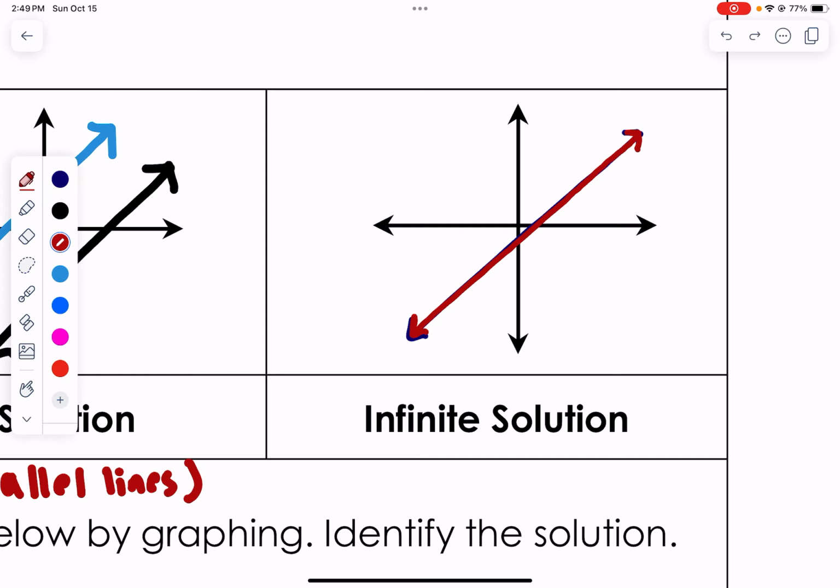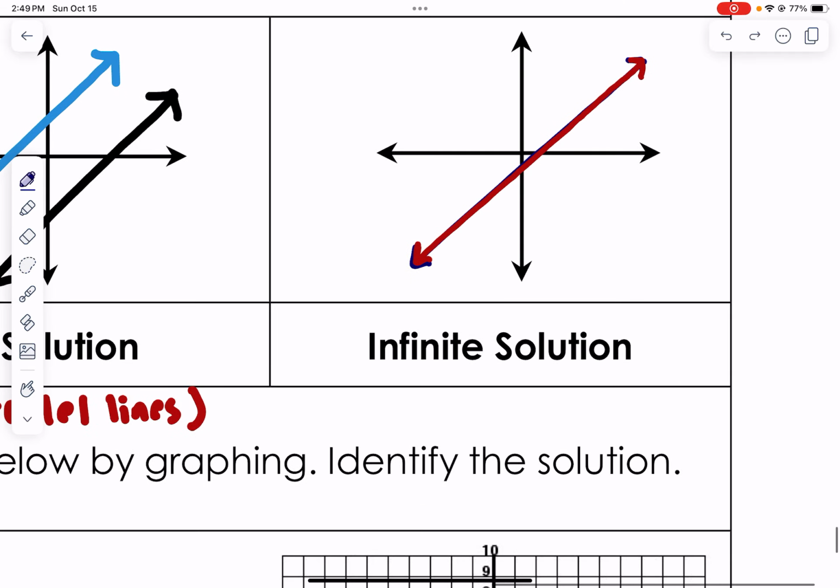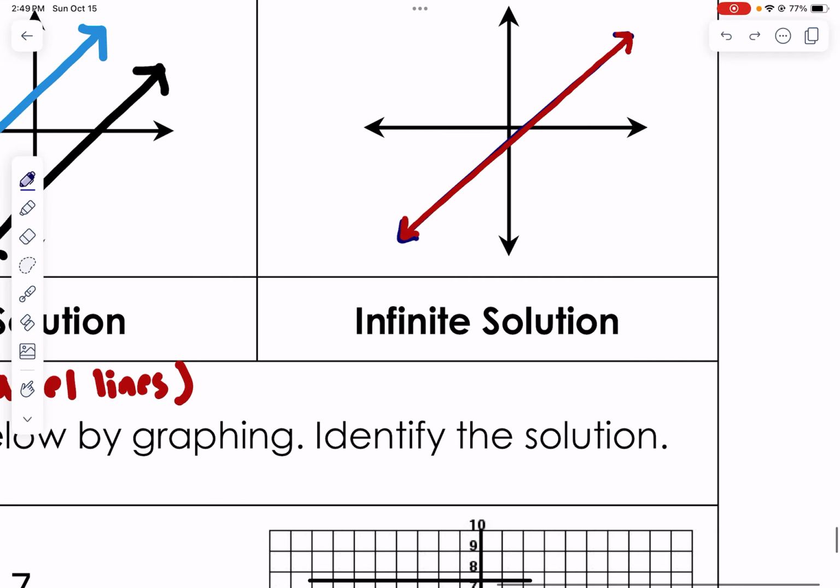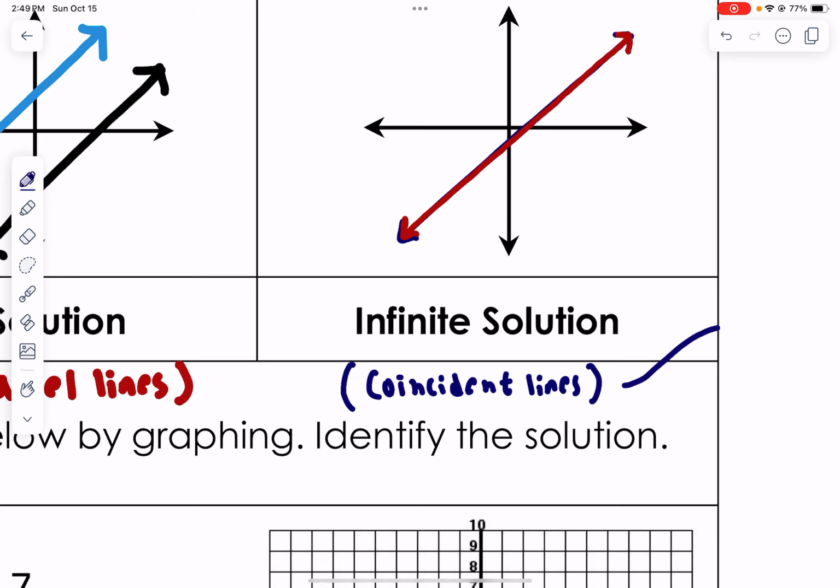One important thing that I really want you to write down here is whenever you have an infinite solution case, that's whenever we're dealing with what we call coincident lines. All that really means is we're dealing with the same line.